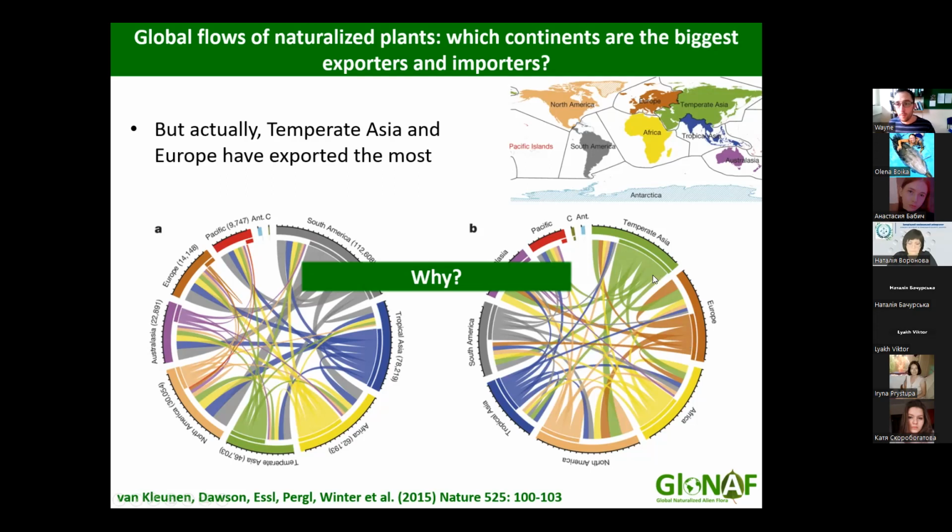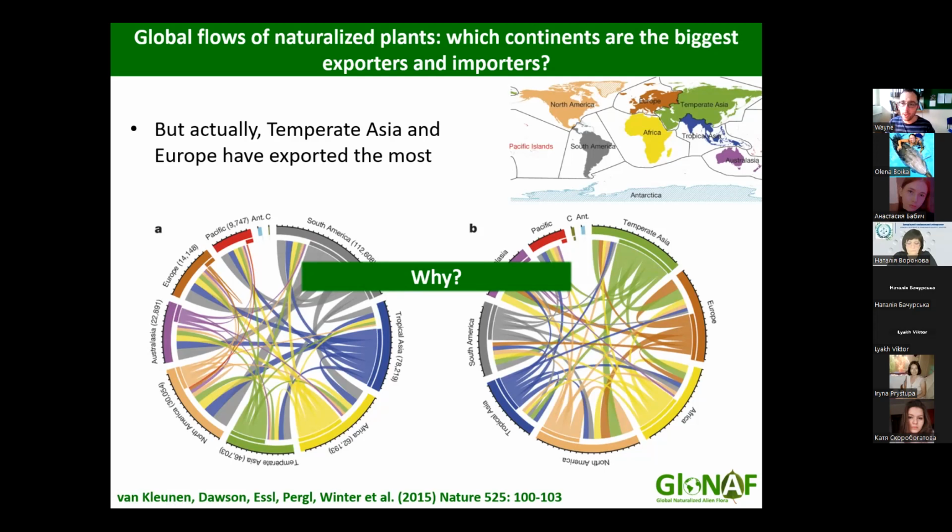Temperate Asia is slightly more complicated, but there are several reasons. One is temperate Asia economically is in more recent decades pretty important on a global scale. So you'd expect there to be more exports of plants from temperate Asia in more recent decades. However, these patterns are accumulated over long periods of time. This is going back several centuries we're talking about with the introductions in this database, as well as more recent ones.